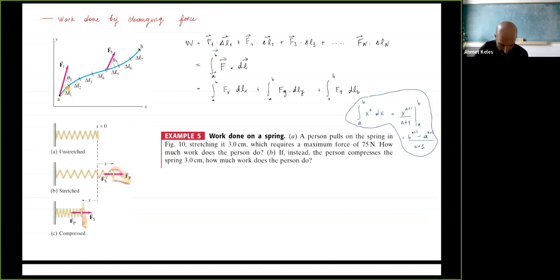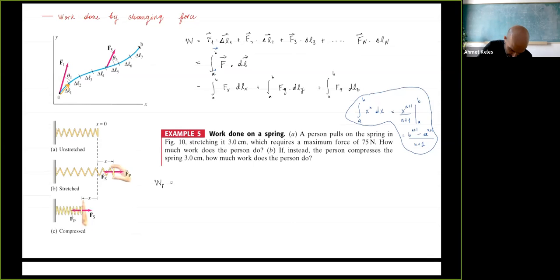This person is holding from here and stretching the spring, and we are trying to find how much work the person does. So let me write W, the work, and put P as an identifier to make sure it's the work done by the person, is equal to, okay, this is equal to F.